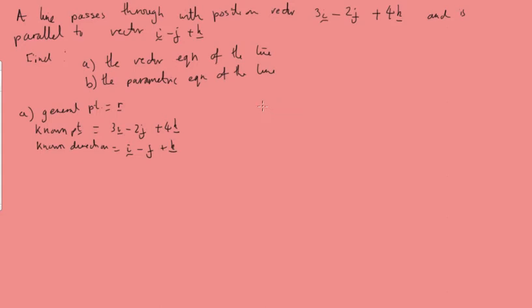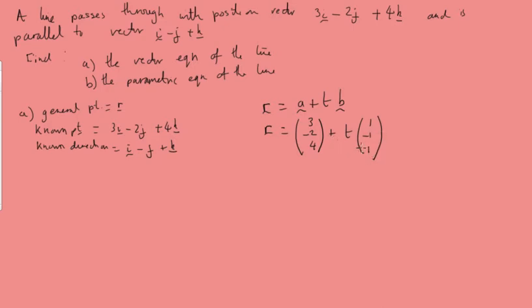So our general rule is r equals a plus tb. So r is our general point, and a is (3, minus 2, 4), plus t times (1, minus 1, 1), and that's our equation of the line.